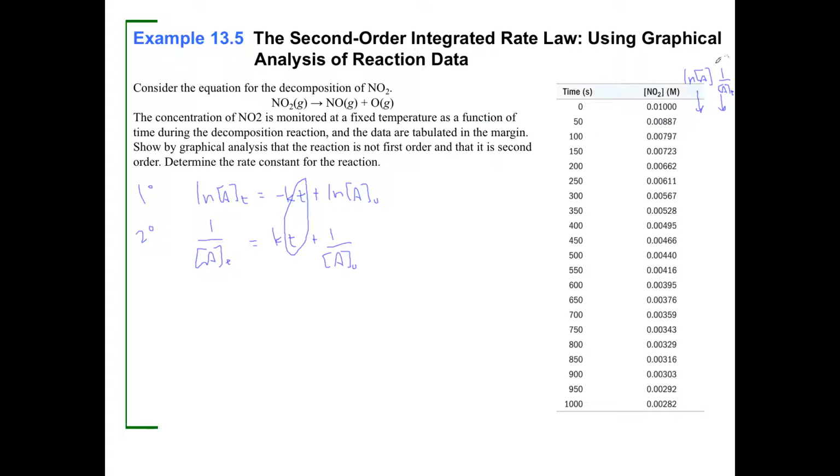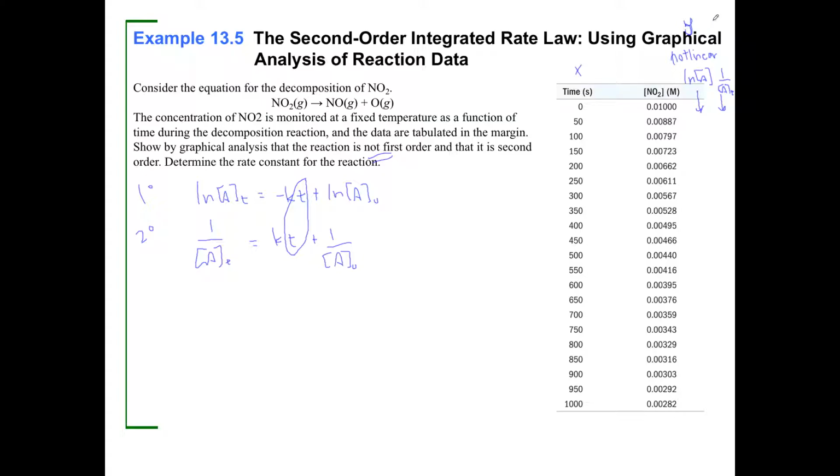We're supposed to show that this is not first order, so we're expecting this is not going to be linear. So if we graph x against this y, that y right there, it's not going to be linear.